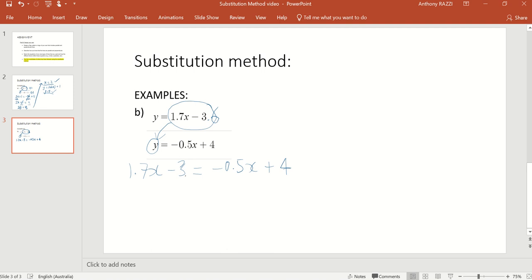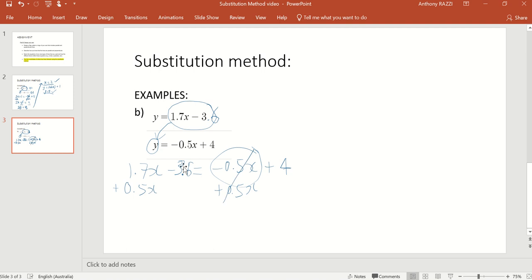So we're going to make it 3.6. Okay, so again, same as what we did in the last example. We want to get x on one side and the numbers on the other. The first step is we want to get rid of this. So we need to do the opposite of minus 0.5x. So we're going to add 0.5x to both sides of the equation.